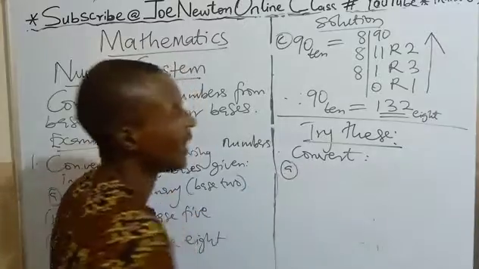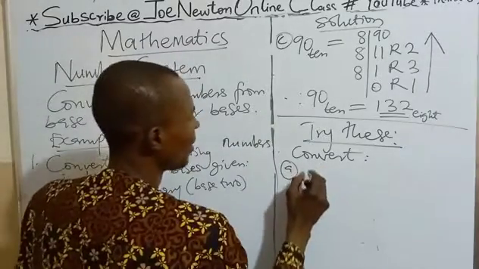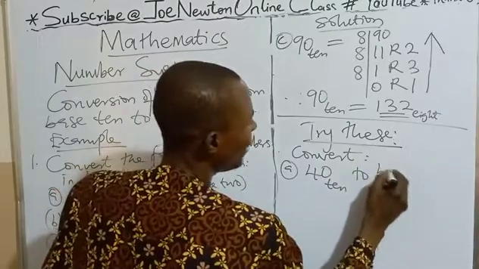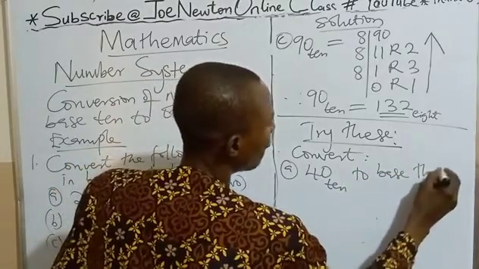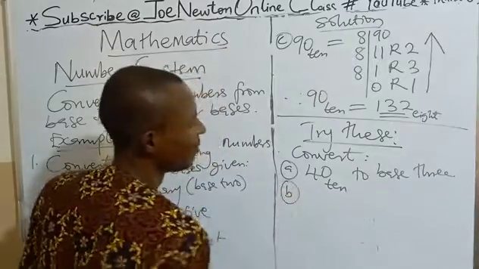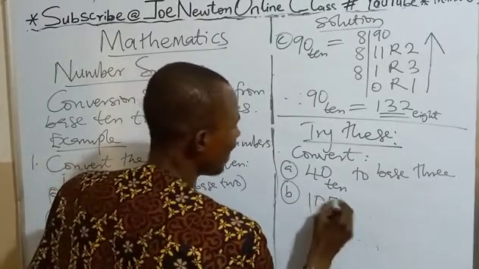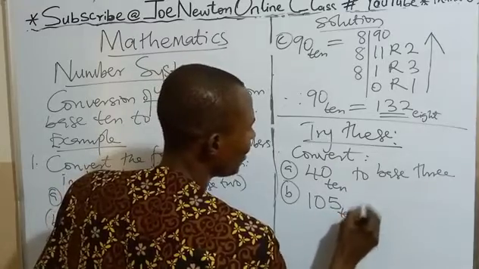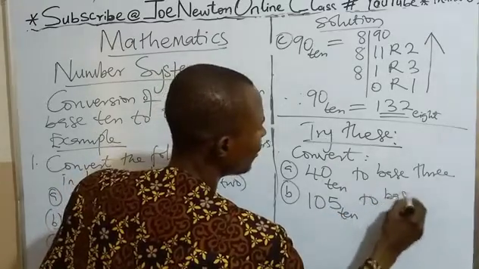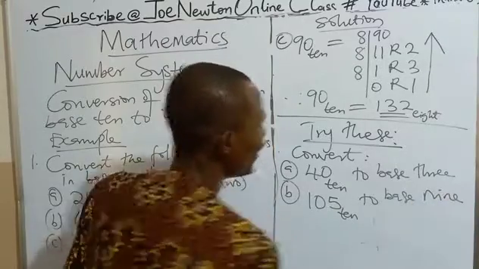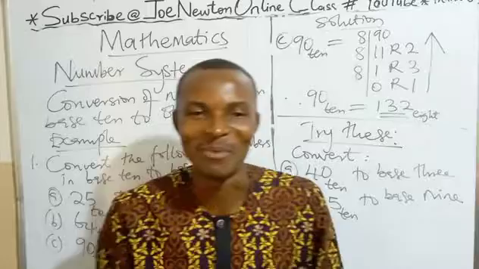Convert A, 40 base 10 to base 3. Then B, convert 105 base 10 to base 9. Try these 2 and drop your answer in the comment box.